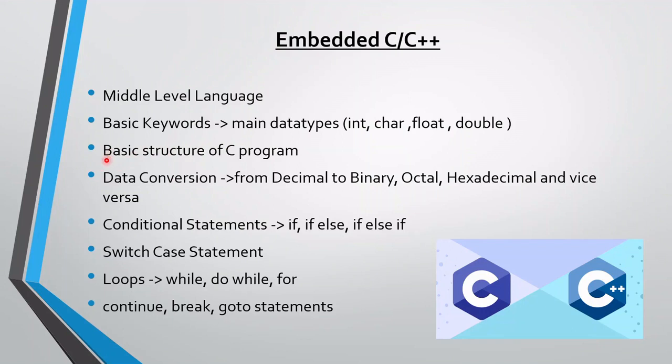We also saw the basic structure of a C program, and data conversion, that is from decimal to binary, decimal to octal, decimal to hexadecimal, and also vice versa.